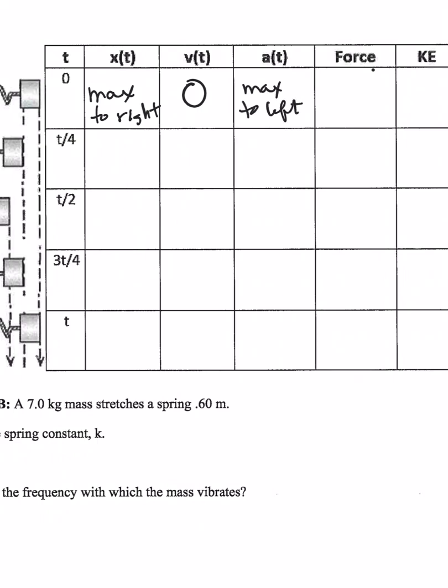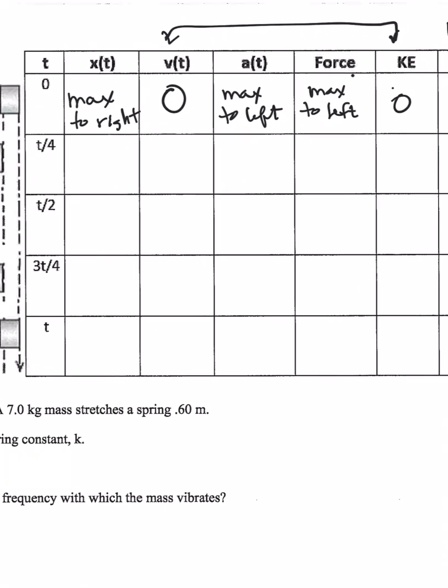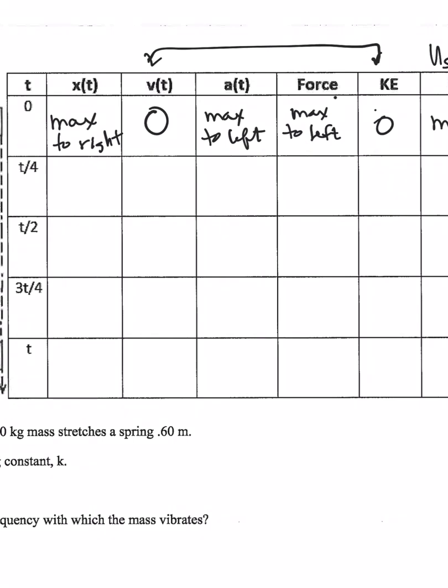Force is, yep, max to the left. Kinetic energy, remember these go together, don't they? Potential energy is max. Now this is u sub s, which is 1/2 kx squared this time, isn't it? So can you finish filling this in?